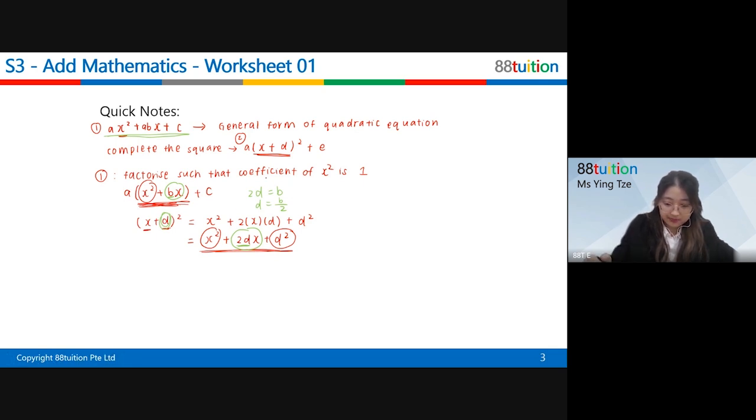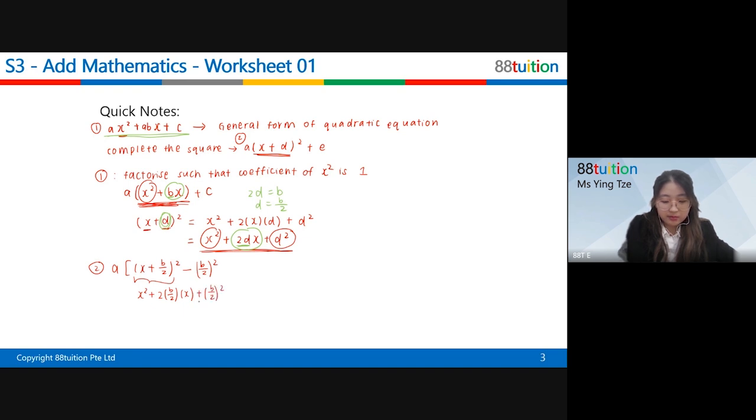So you need to minus the d square from our expansion. So for the second part, x plus b over 2 square, you need to minus your b over 2 square. Because here we have x square plus 2 times b over 2 times x plus b over 2 square.